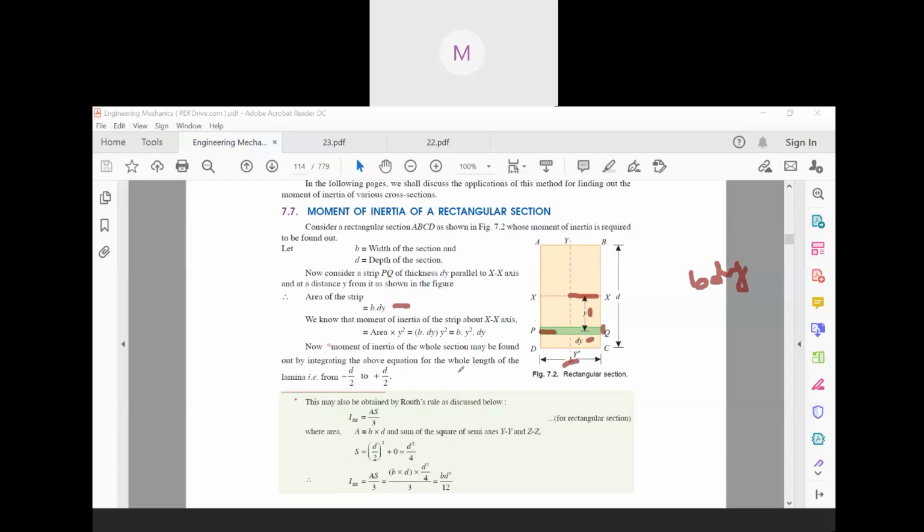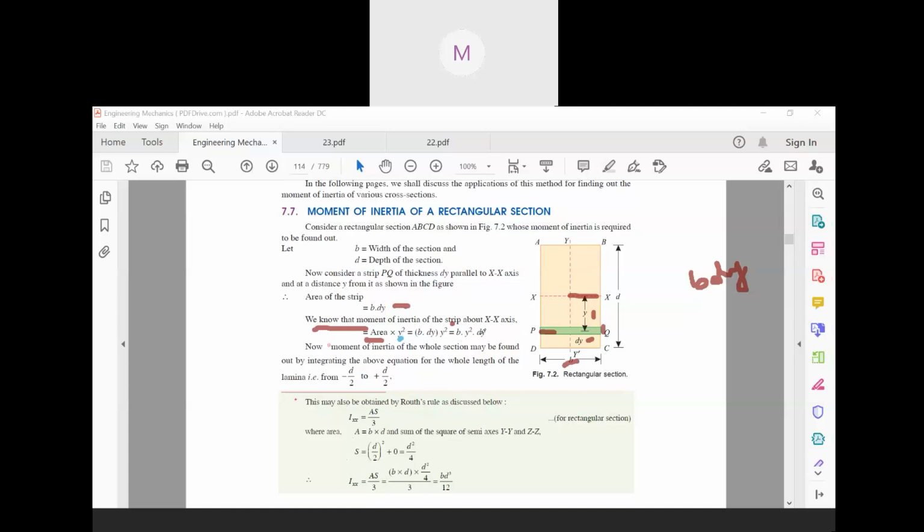Now the area moment of inertia of the strip will be the area into y square, since the strip is at a distance of y. So we get b into dy into y square, that is b y square dy.